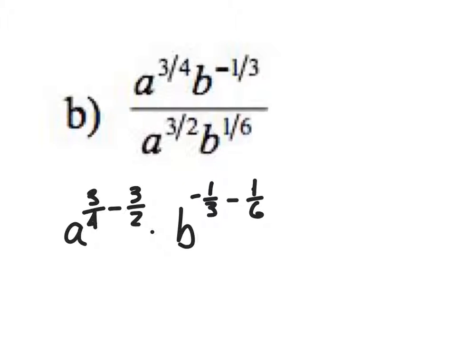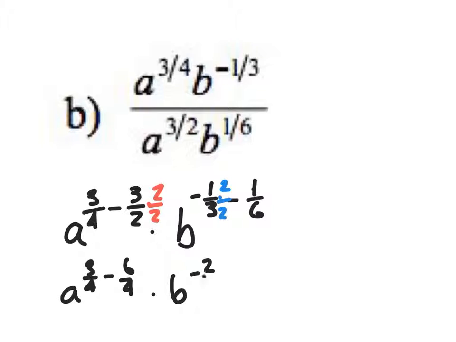Let's get a common denominator of 4 for the a's, so I'm going to multiply this by 2 over 2. On the b's, I'm going to multiply this by 2 over 2 to get common denominator 6. Let's rewrite this now: a to the 3/4 minus 6/4 times b to the negative 2/6 power minus 1/6.